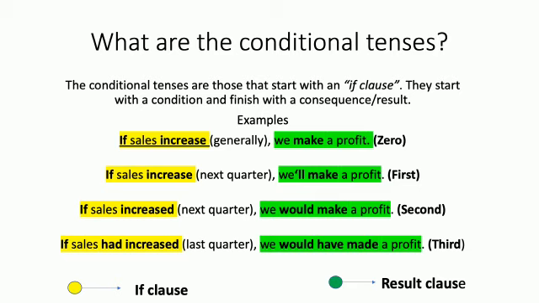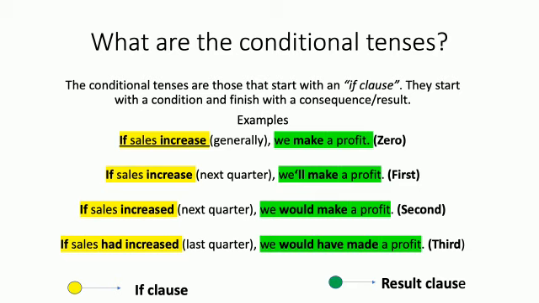They start with a condition and finish with a consequence, or a result. So the conditional sentence always includes two clauses. One is called the if clause, which expresses a condition, and the other expresses the result of this condition or the consequence. All right? So this is it.